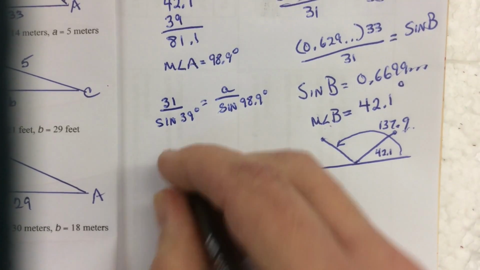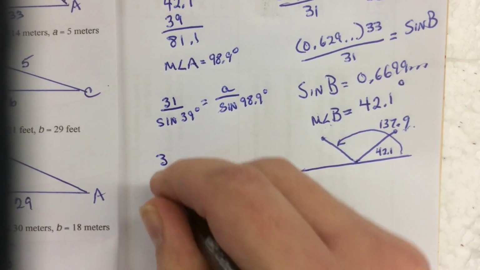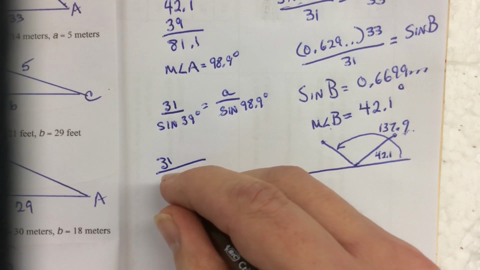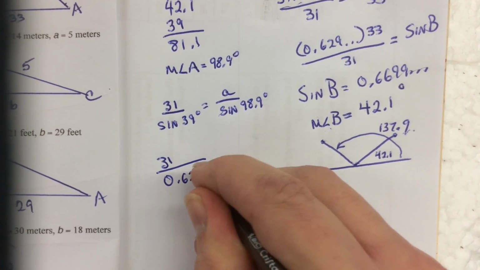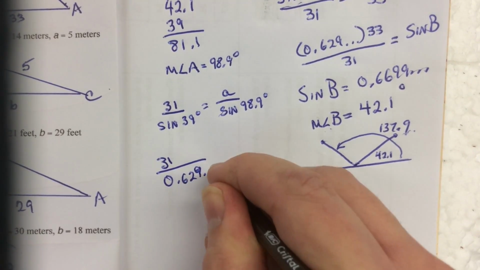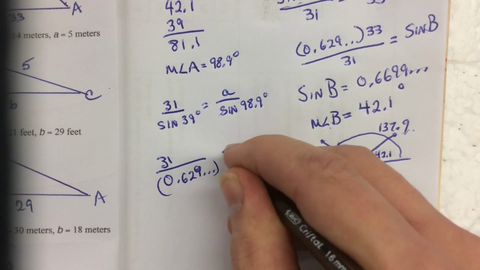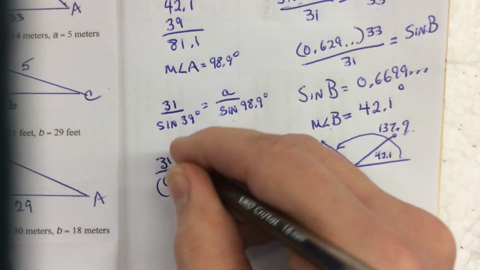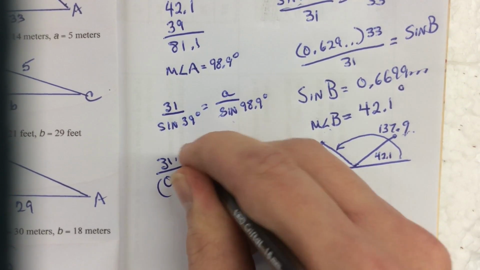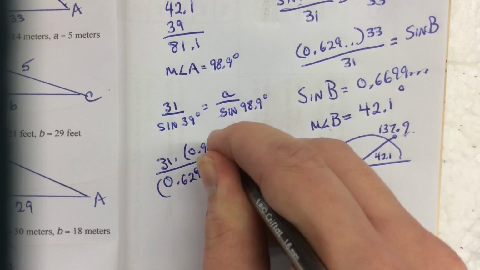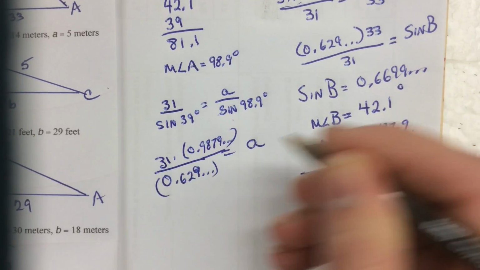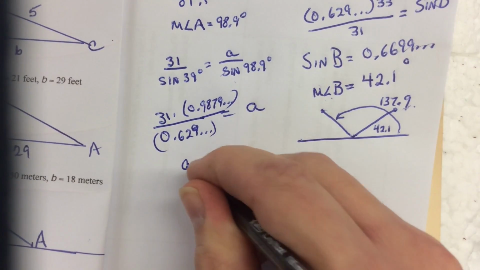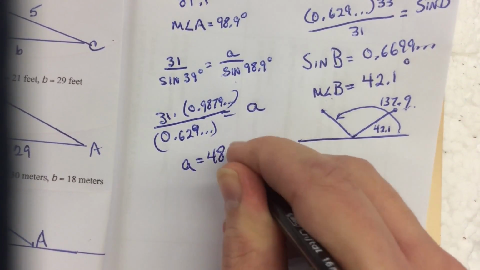We already know the sine of 39 degrees, and that is 0.629 something something something. And we can find the sine of 98.9 degrees. That's actually going to be 0.9879 something something something. And when we do this arithmetic here, A turns out to be 48.7.